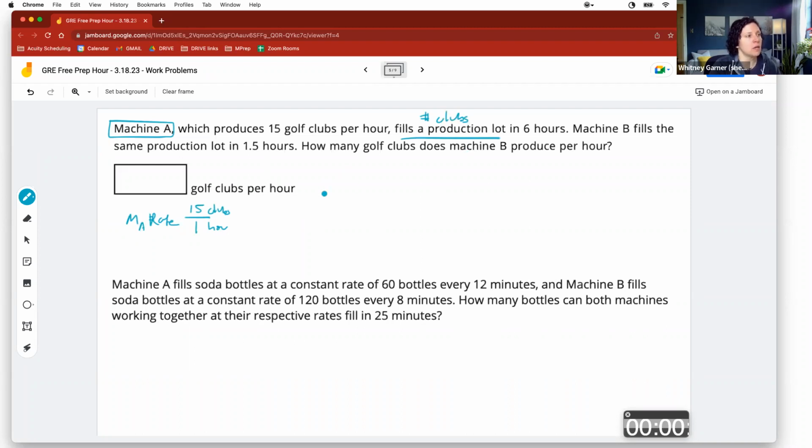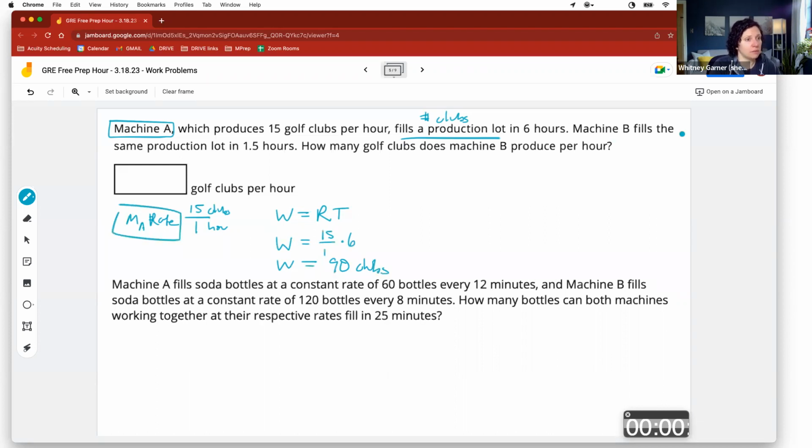So I'm going to use work equals rate times time. So machine A can do some number of clubs, I don't know what that is, this production lot, at a rate of 15 clubs per 1 hour in 6 hours. So the work is going to be 90 clubs for machine A.